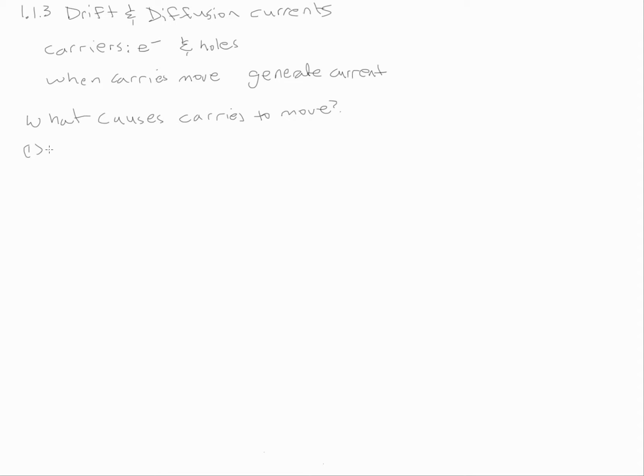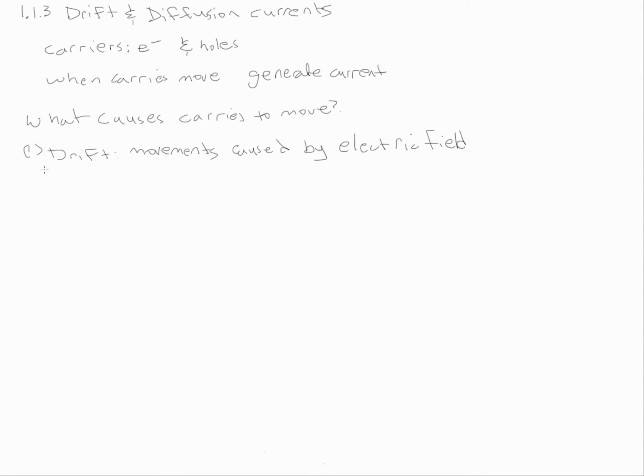One is drift, and drift is movement of the carrier particles, holes or electrons, caused by an electric field. So that's one mechanism.